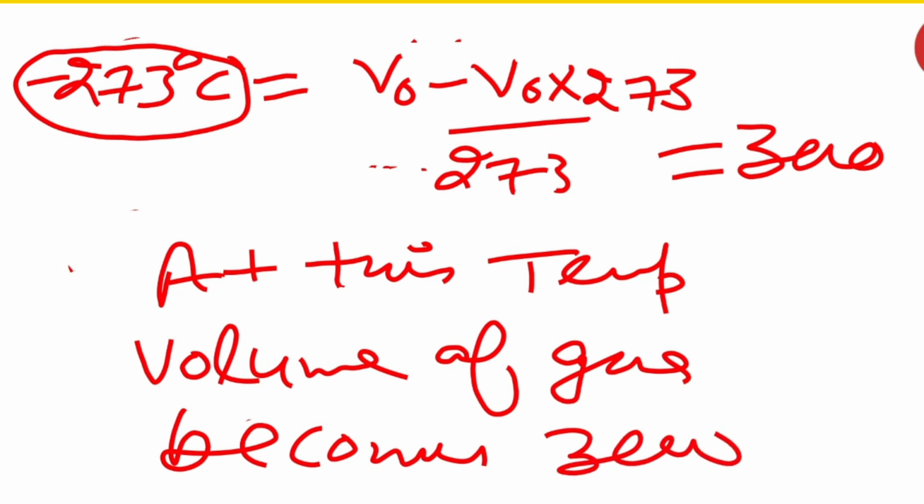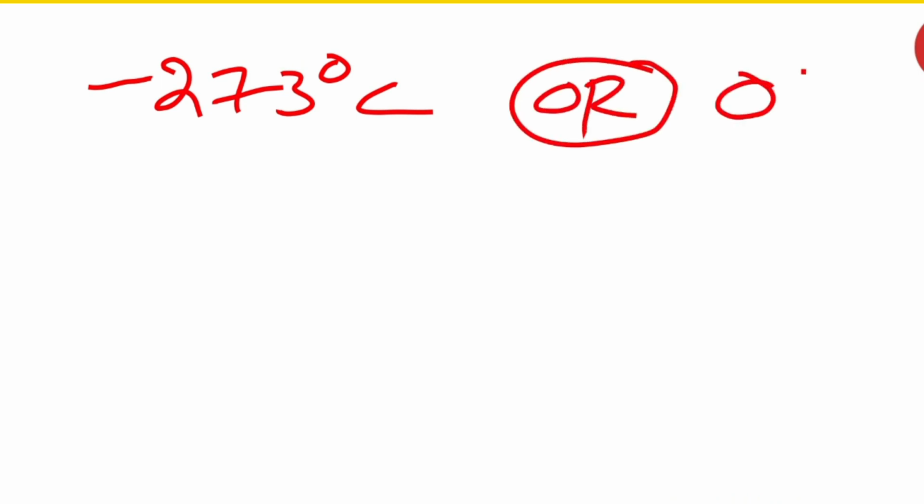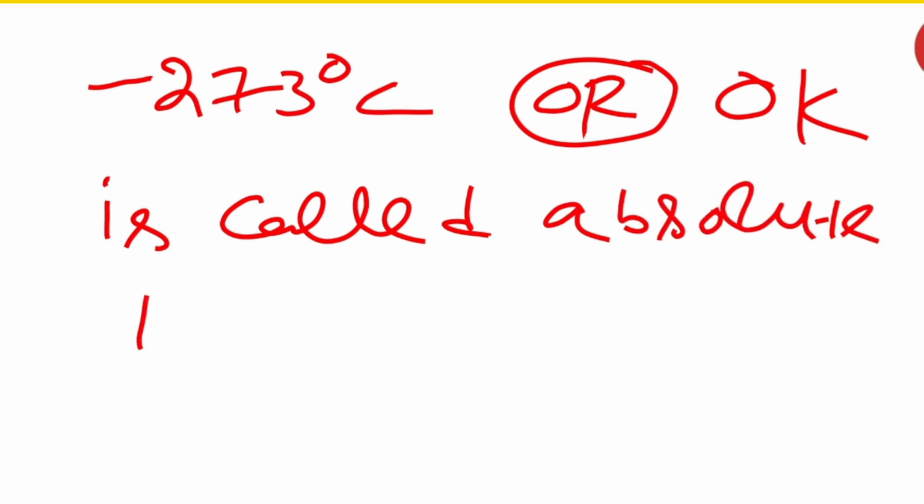Therefore this temperature, minus 273 degree Celsius or 0 Kelvin, is called absolute temperature. Is that clear?